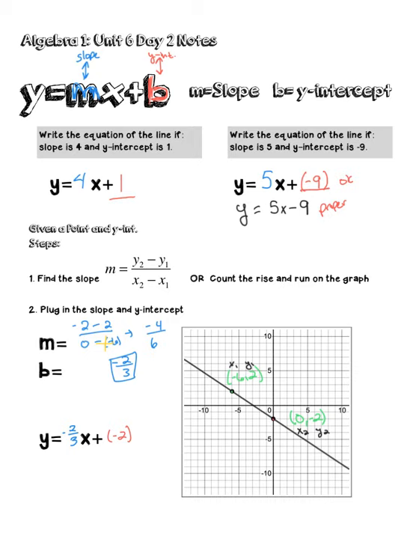When x is 0, y is negative 2. Let that sink in. So here's my proper equation. This is right, but y equals negative 2 over 3 x minus 2 is perfectly prim and proper.